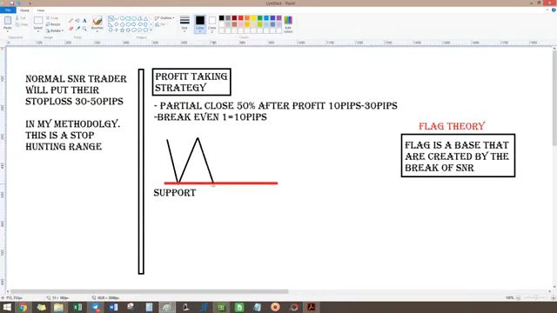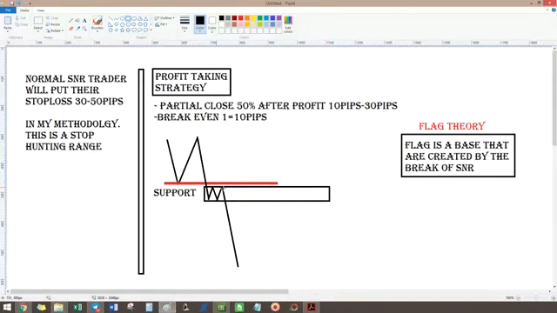And then there will be a break, so it breaks your support level. After it breaks, it will create a base, a drop base drop supply zone, when it decides to go further down. So on this break, we'll create a flag.